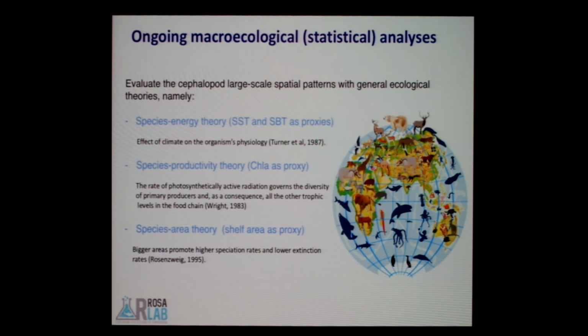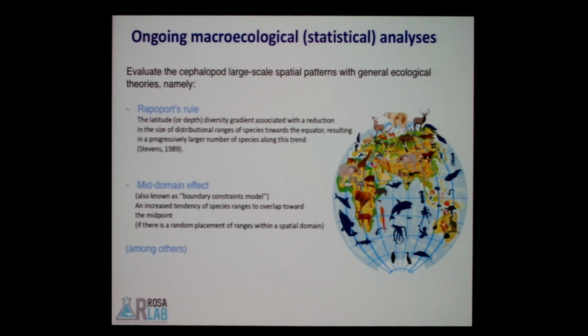For this, we are going to use the continental shelf area to test this hypothesis. We also have other general ecology theories like Rapoport's rule, which says that latitudinal diversity gradients are associated with a reduction in the size of species' ranges towards the equator, and therefore it results in a progressively larger number of species along this trend.